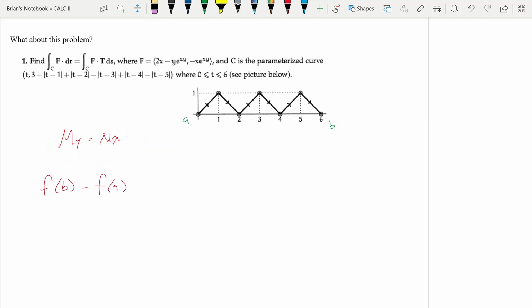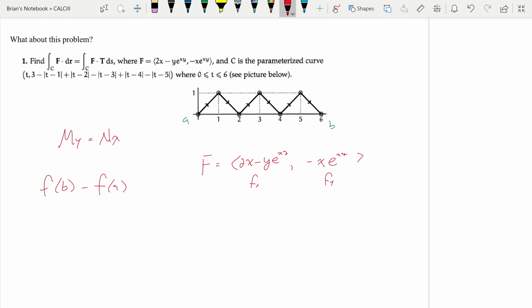If you guys remember finding the potential function, this is where we had to take like the integral. We kind of had to do like a reverse partial derivative where f is equal to 2x minus y e to the xy. So this is our function. I'm just copying it from above. And what we have to do is understand that this is f of x, right? This is f of y, and now what we need to do is take the reverse partial derivative.